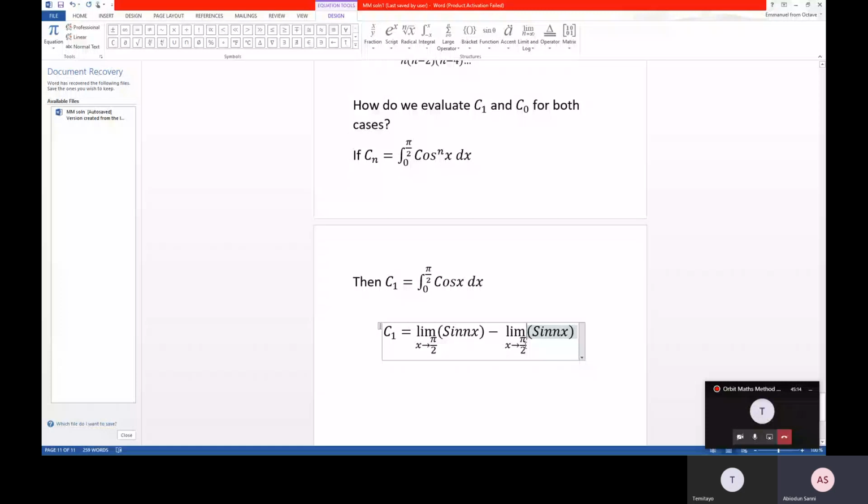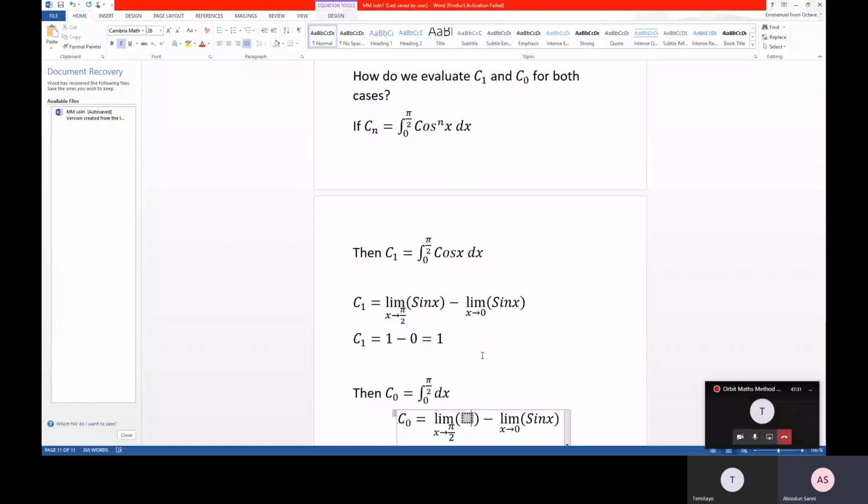So this is going to give us that C naught is equal to the limit of, because if I integrate dx, I have x. So the limit of x as x tends to pi over 2 and the limit of x as x tends to 0.